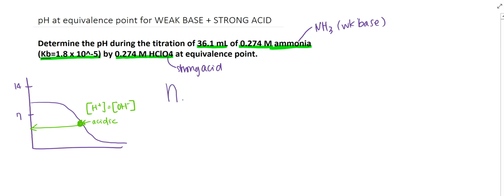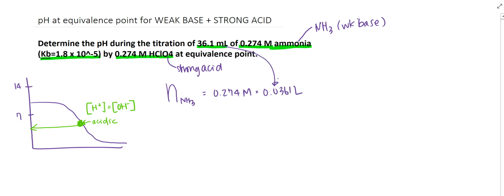First things first, you have to figure out the moles of NH3, because understanding how many moles of NH3 you have, you will know how many moles of strong acid you will have. Moles is calculated by molarity times volume, and that is 0.274 molarity times 0.0361 liters.